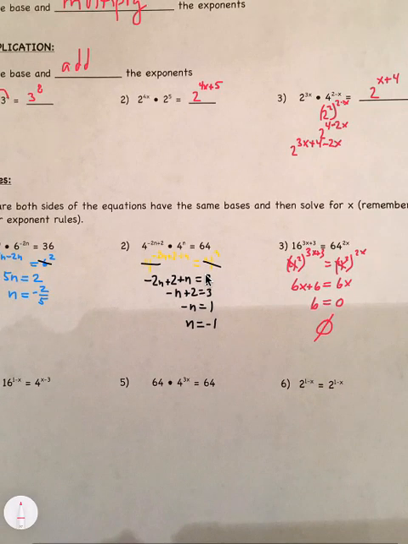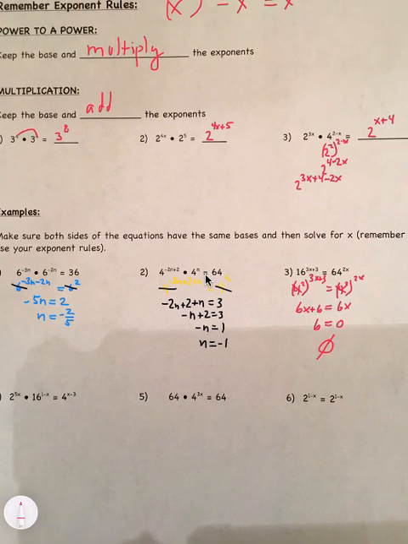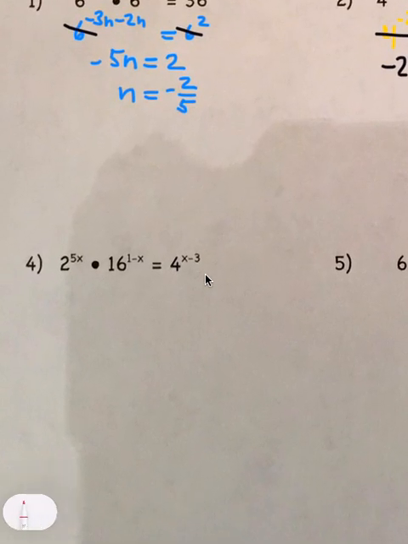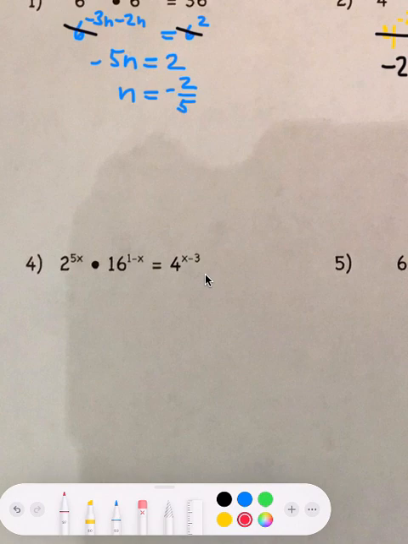Hopefully you understand, hopefully you see why that works. Power to a power, you multiply the powers together. Then we have the same base, so we get rid of the bases and set them equal to each other. Okay, number 4, we have 3 different bases. We want to have one base. And so as you look, you can see 2 is going to be the base we want to use.